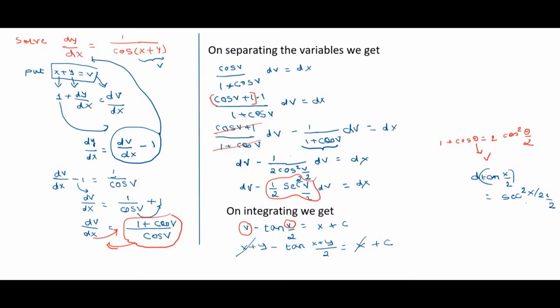At last we get y minus tan of x plus y divided by 2 is equal to c. This is the required solution.